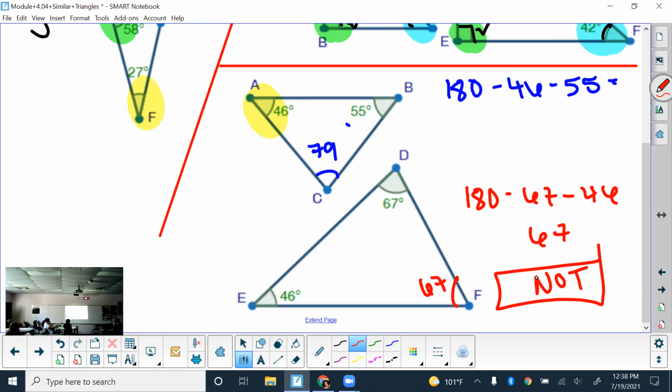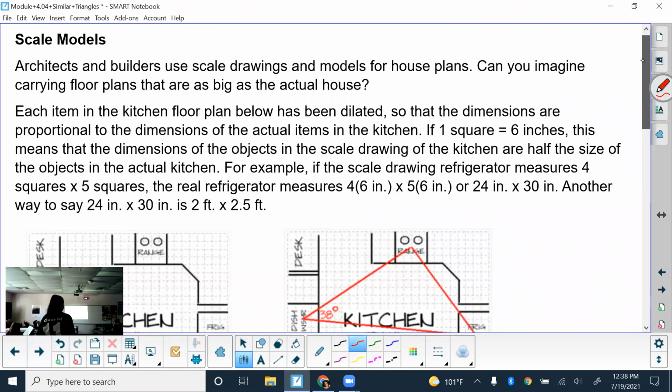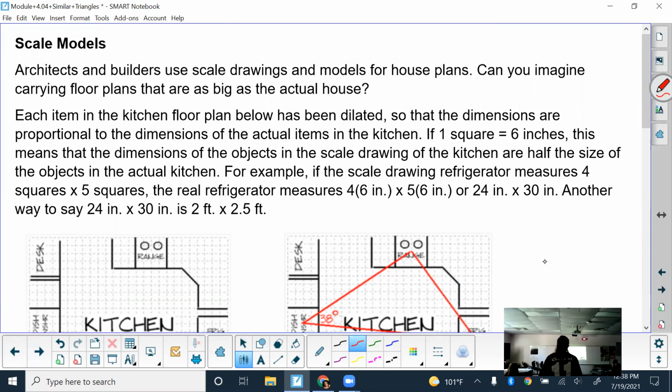All right, on the next slide, it's really small on your paper, so let me see if I can just summarize the important part of it. And you can see it blown up on my screen. We talked about things like scale factor before. So that would play into scale models, making a blueprint of maybe like this classroom.